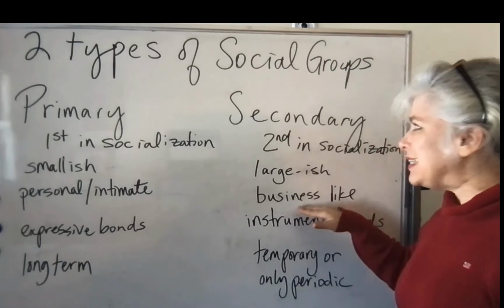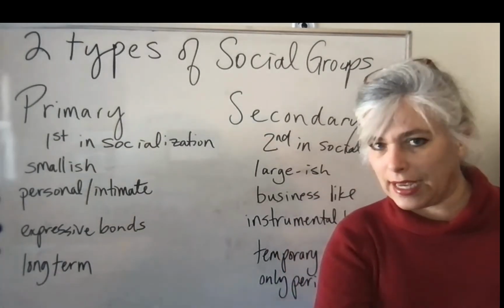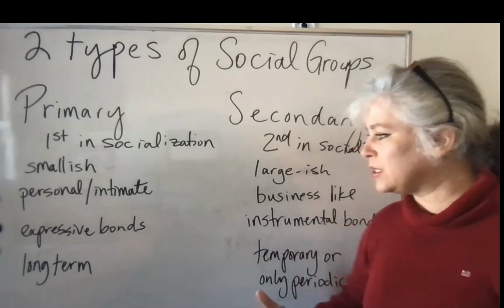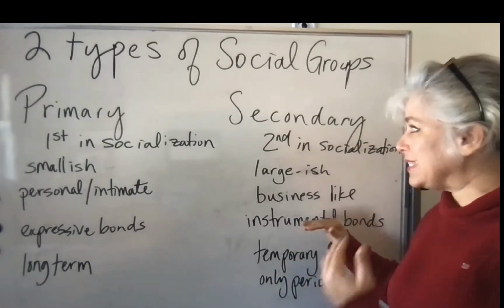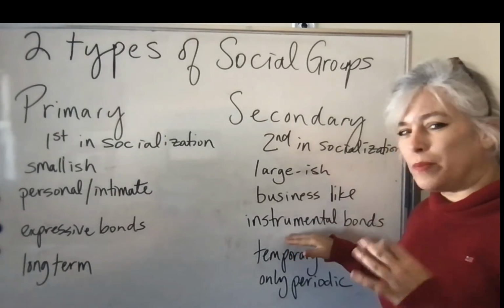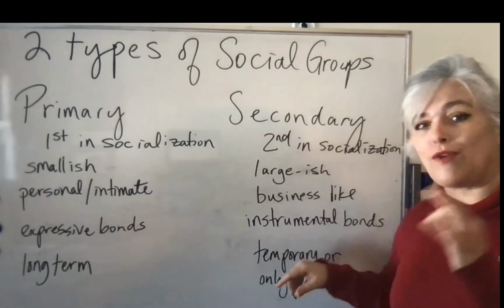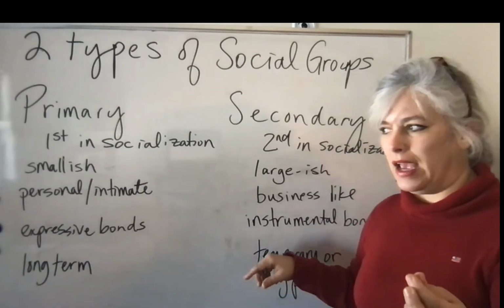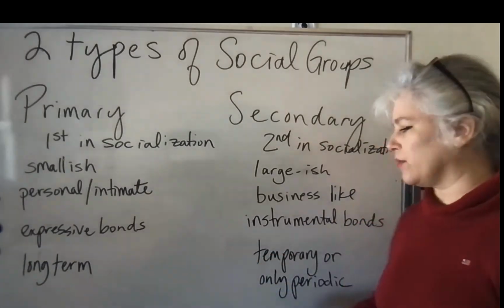So business-like social identity, business-like communication patterns. The bonds that you tend to have with secondary group members are instrumental bonds. Now, this is a particular vocabulary word that you can get from chapter 4, or maybe chapter 5, but I think it's chapter 4.